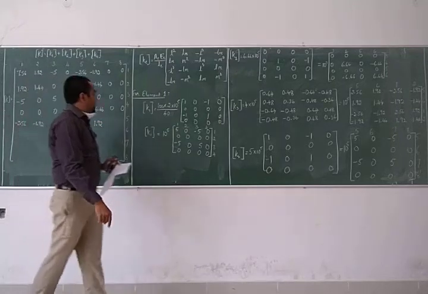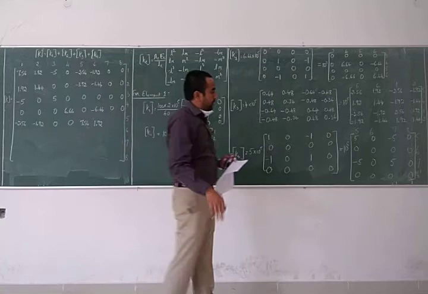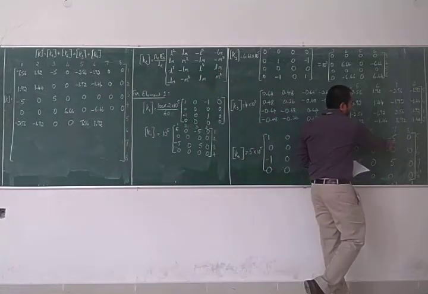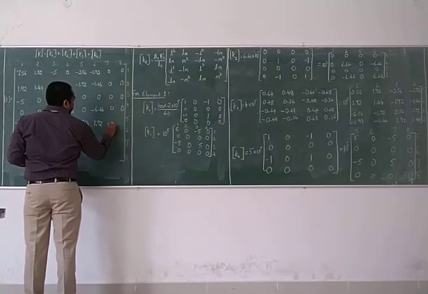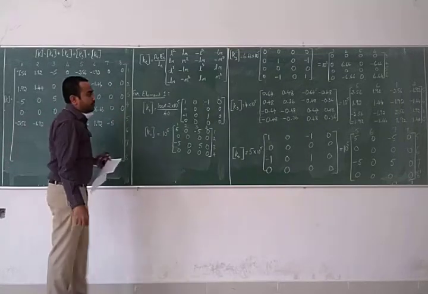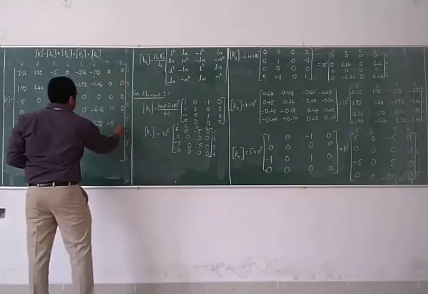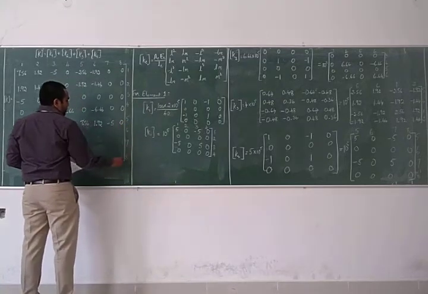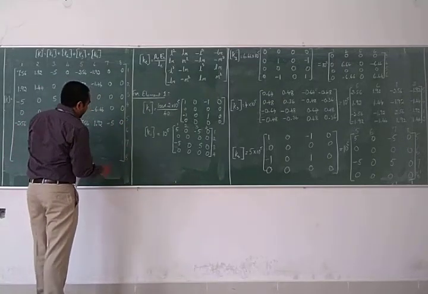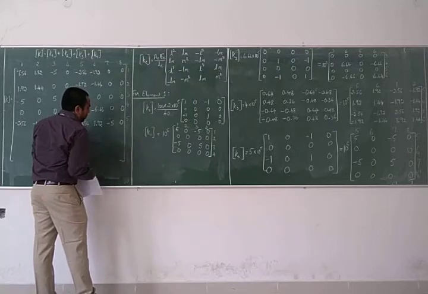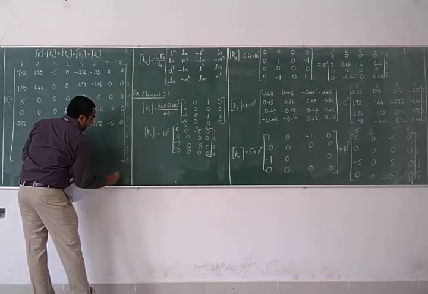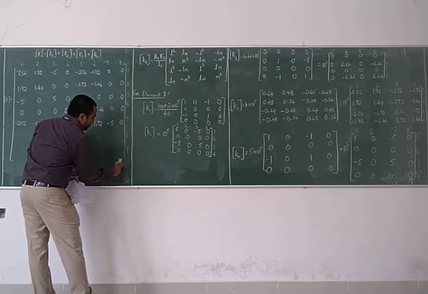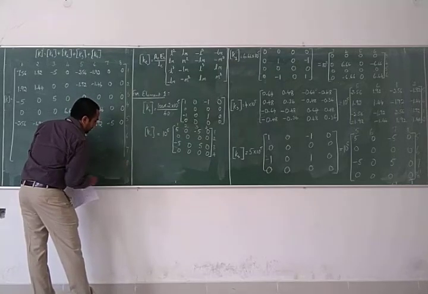Next, seventh degree of freedom column and fifth degree of freedom row is minus 5 and eighth degree of freedom column and fifth degree of freedom row is 0. Next, I'll take it a bit further below. This is 6, 7 and this will be 8, so that there will be sufficient space to write all the elements.